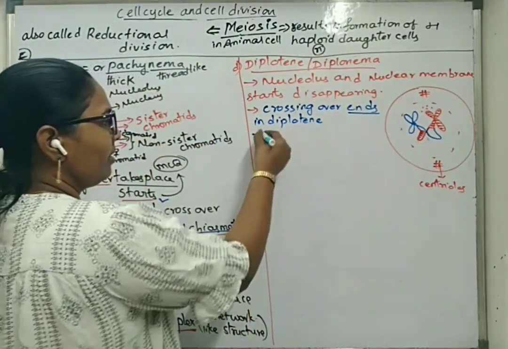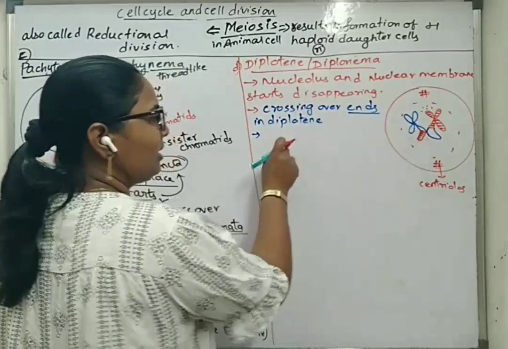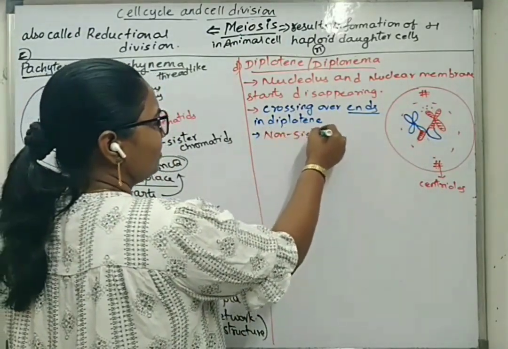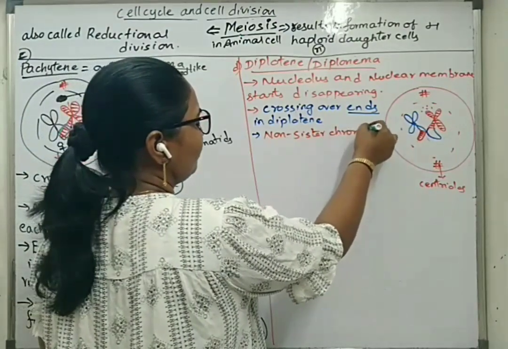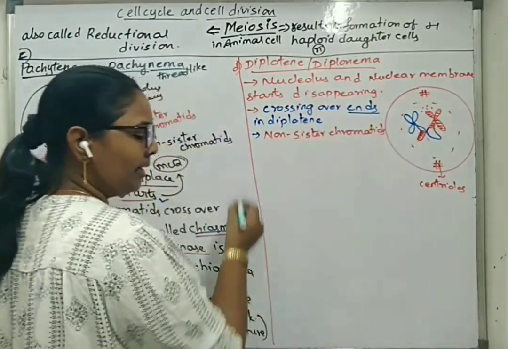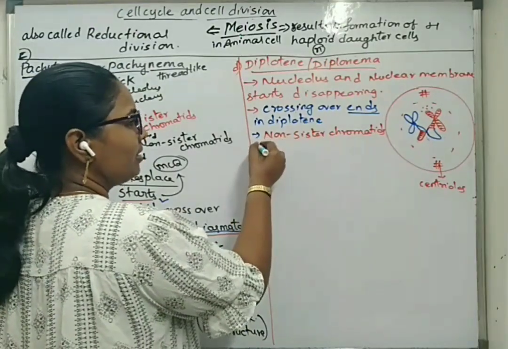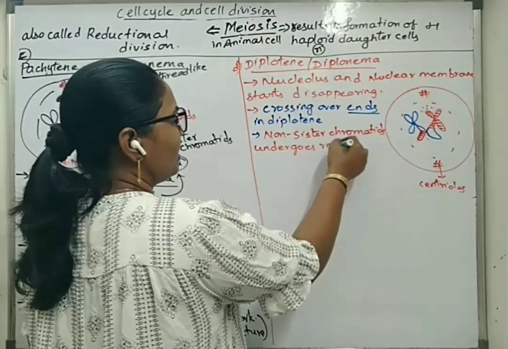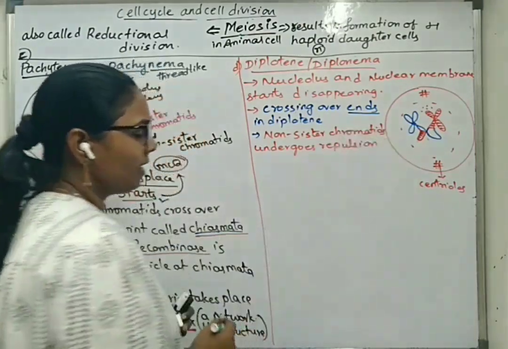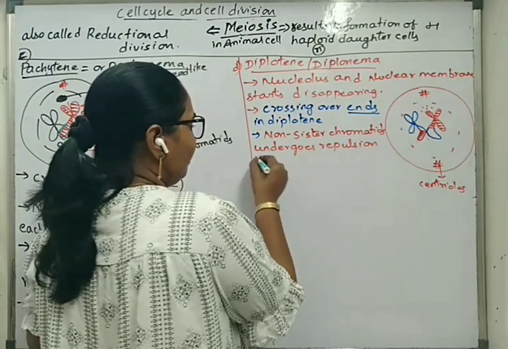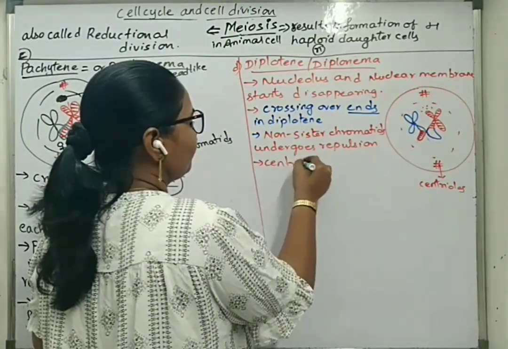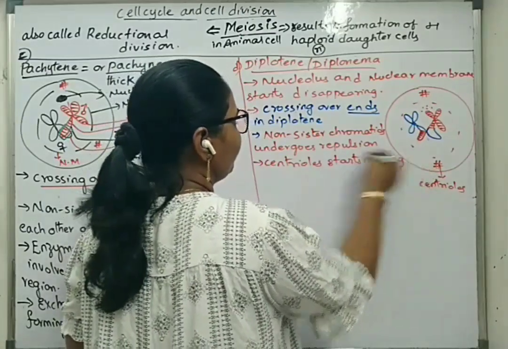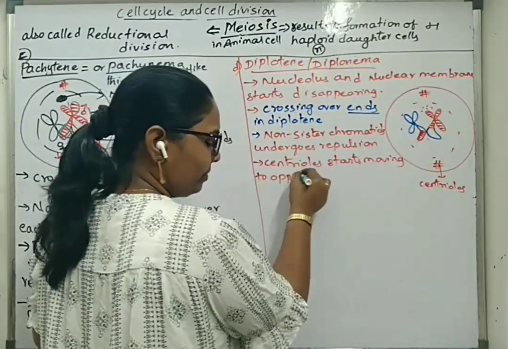Now, we will write the same diagram in explanatory form. Non-sister chromatids now repel each other, they undergo repulsion. Centrioles start moving to opposite poles.